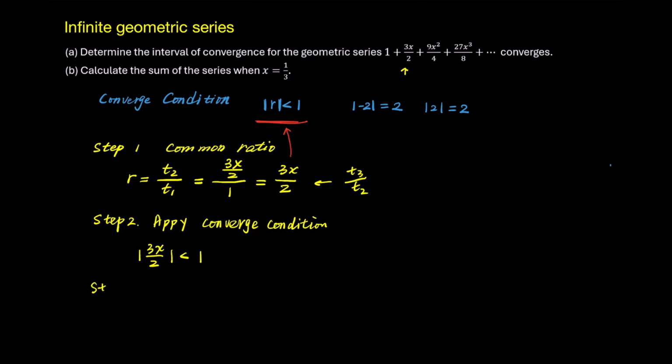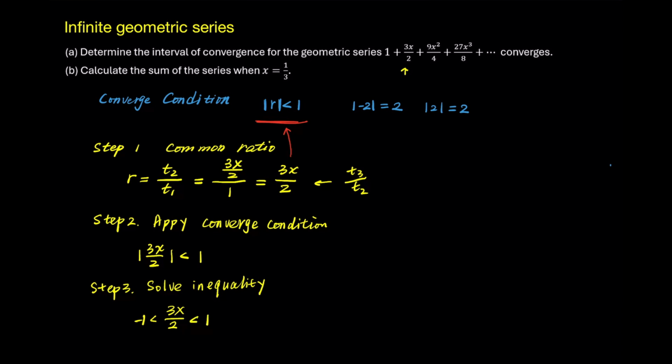So the next step is to solve this inequality. The absolute value of something less than 1 means that something must be between negative 1 and positive 1.